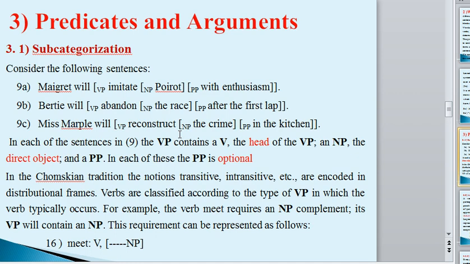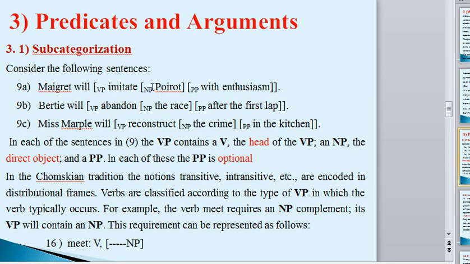So in each of the sentences in 9, the verb phrase contains a verb, like imitate here, abandon here, reconstruct here, which we call the head of the VP. So the verb phrase consists of the verb imitate, abandon, reconstruct, which we call the head of the verb phrase.